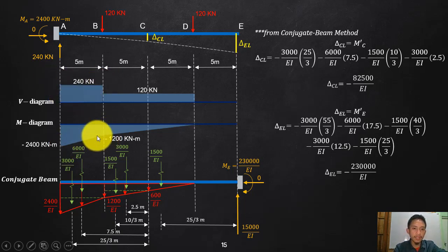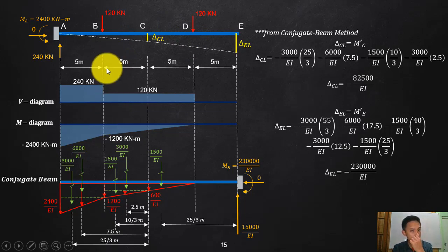And then of course negative 1200, what is the area going to that point D? 120 times 10 is also a positive 1200. So negative 1200 plus 1200 is 0. That will be 0 there. So again, there is no moment stress or flexural stress from D to E. So this is the effect of our external loading only.